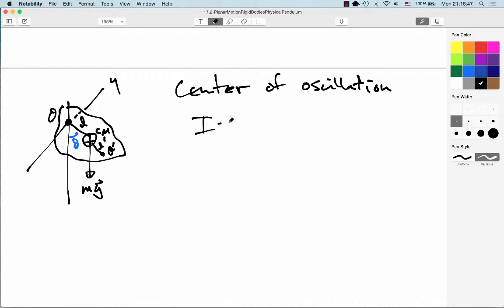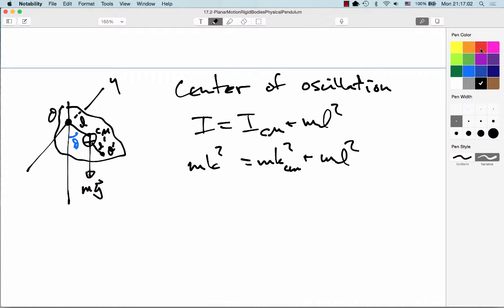remember from the parallel axis theorem, I equals I_CM plus ML squared. If we use our radius of gyration notation, this is MK squared equals MK_CM squared plus ML squared. Using that notation, we can cancel the m's.